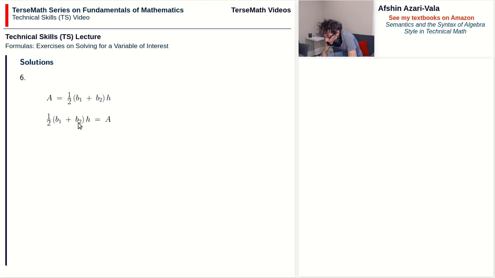We solve for the factor that contains the unknown, which are brackets. 2, which is being divided by, moves up and multiplies. H, which is being multiplied by, moves down and divides. So we get B1 plus B2 equals 2A over H. Now B2 moves over. So we solve for the term that contains the unknown. And that's the end of it.